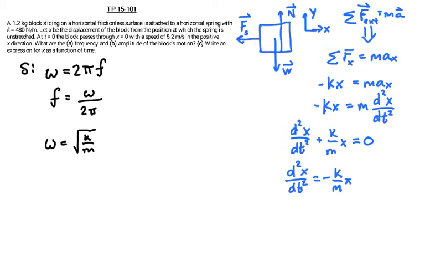Well, our function could be an exponential with a negative i times the time variable up in the exponent, which does work. But we do know for a fact that when you take two time derivatives of the sine function or the cosine function, you get back your original trig function with a negative sign in front, times the derivative of your time variable inside of your trig function. So that's going to be our best bet to go on.